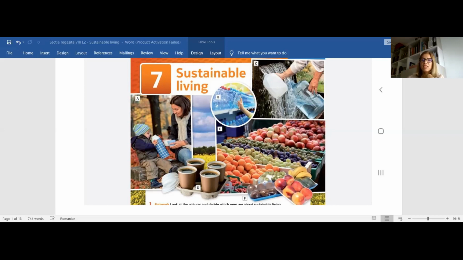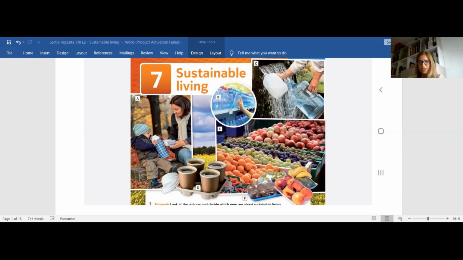And similarly, we can see a contrast between pictures E and F. In picture E, we have some fruit sold in an open-air market, perhaps, but this fruit comes the way it is, with no packaging, no wrapping, whereas the fruit shown in picture F is the type of fruit which we can find in supermarkets, and which usually comes in a lot of packaging, like plastic foil, plastic trays, and so on.